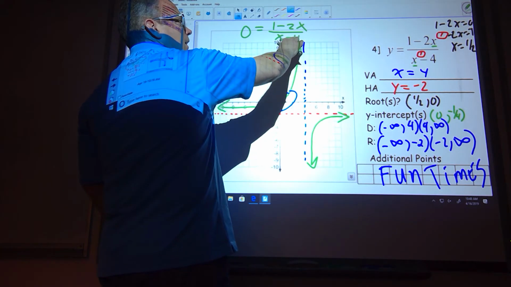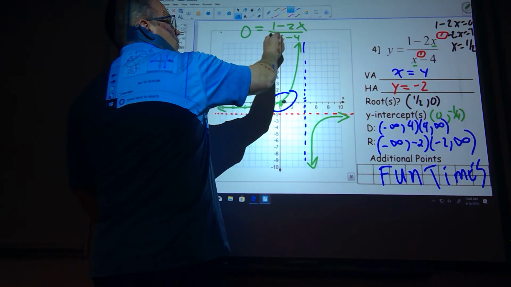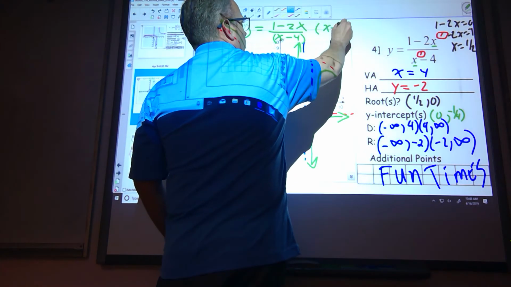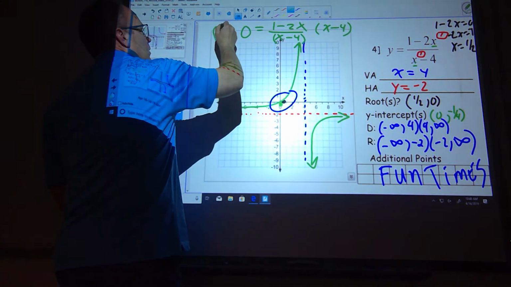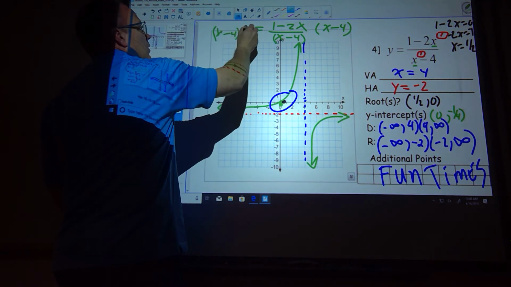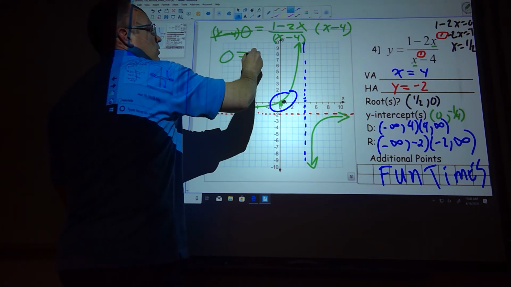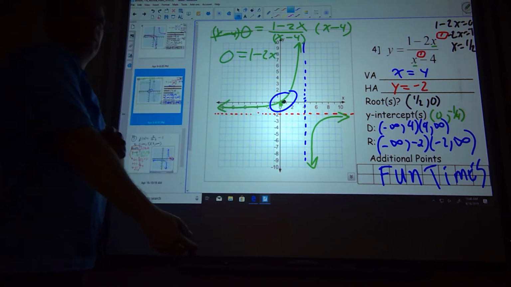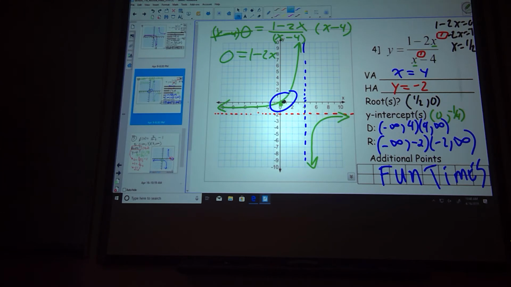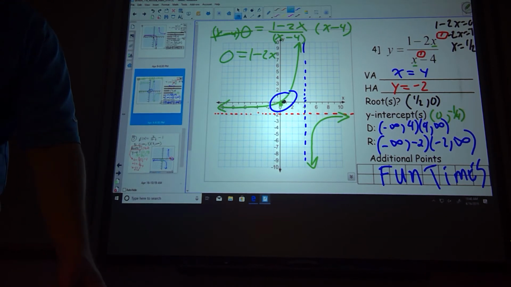Okay, I'm going to take that, multiply it times 0. So I multiply both sides by x minus 4, x minus 4. That just becomes 0, so then it's just this. And then you have to solve it. Okay. So it goes away. That's why it works.